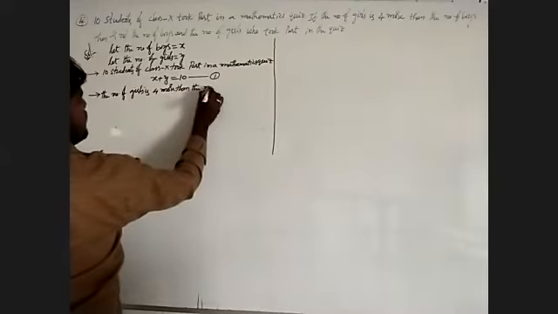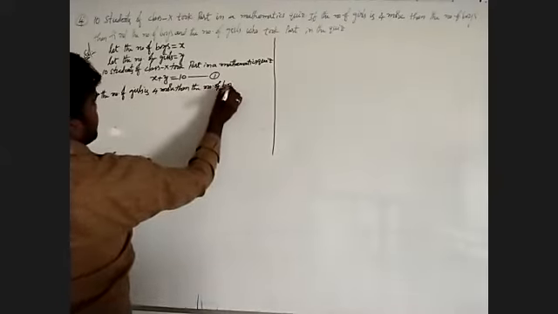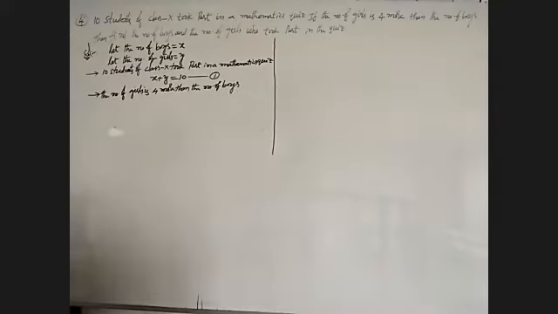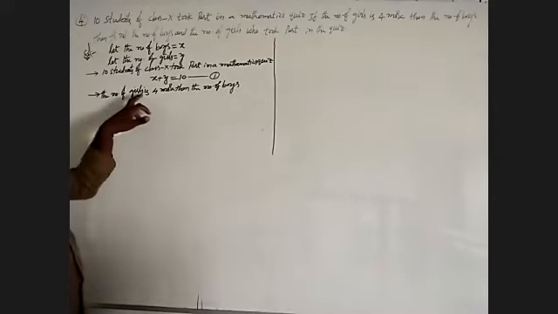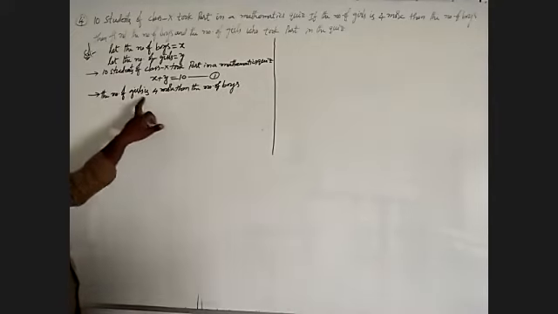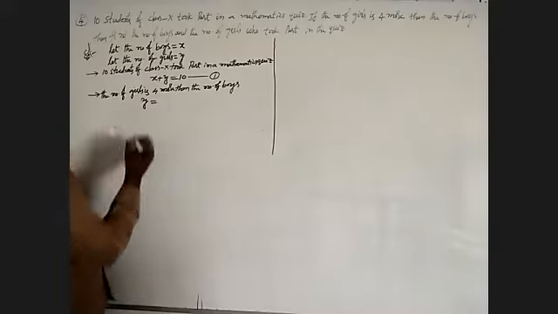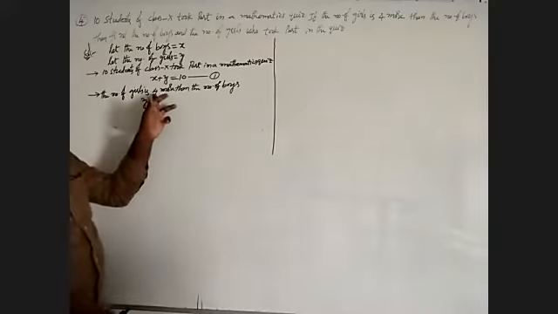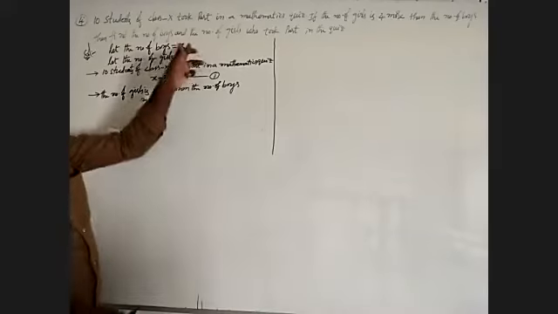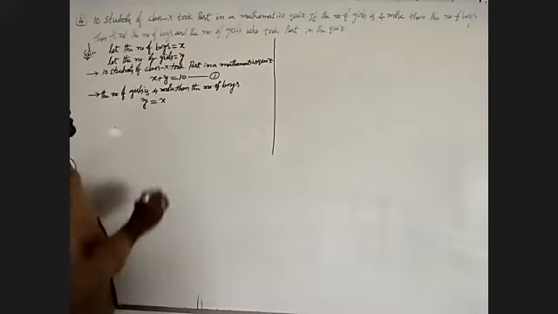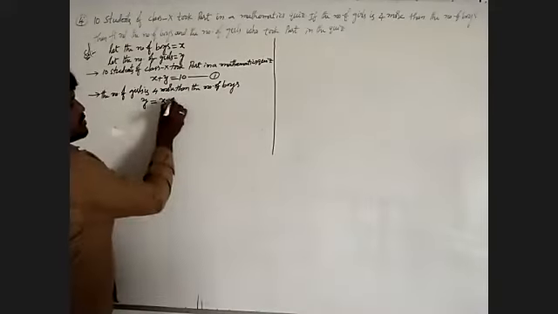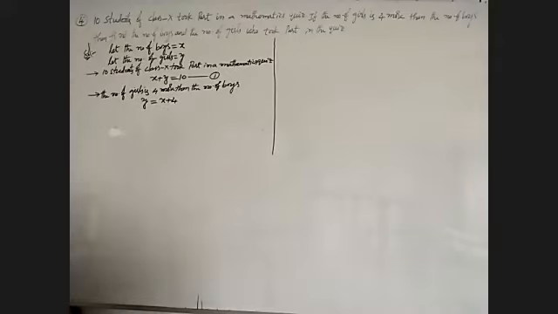The girls is equal to 4 more than the boys. Boys we take as x, and 4 more means plus 4. That means y is equal to x plus 4.